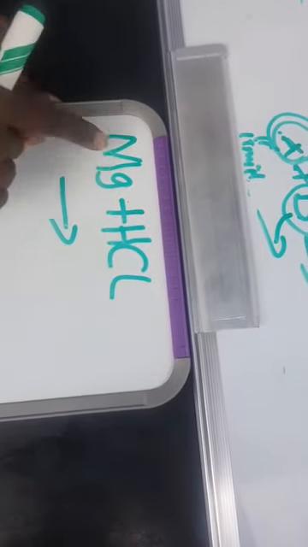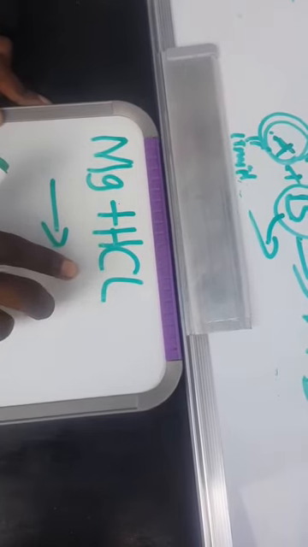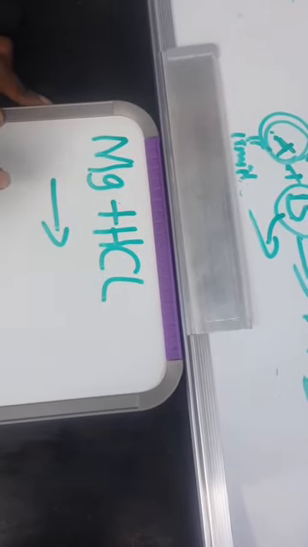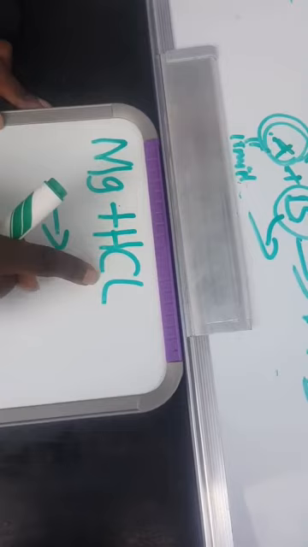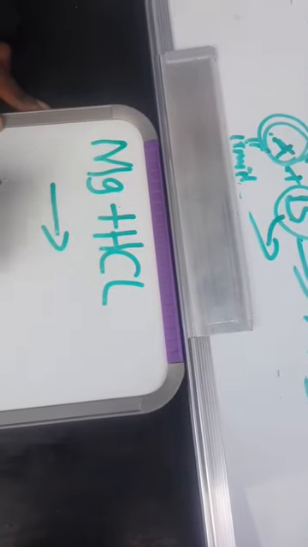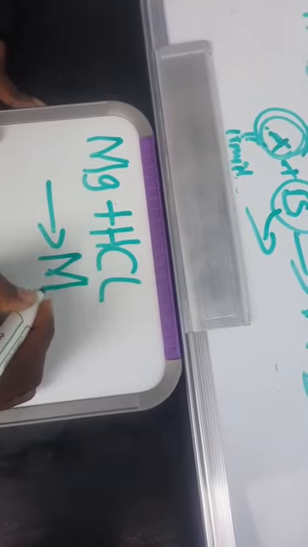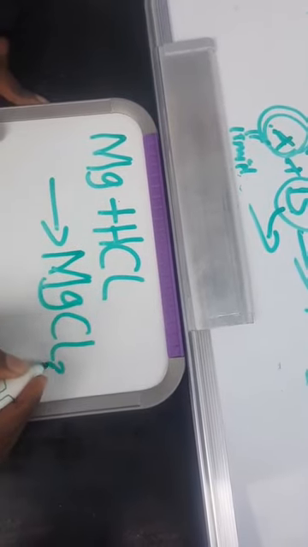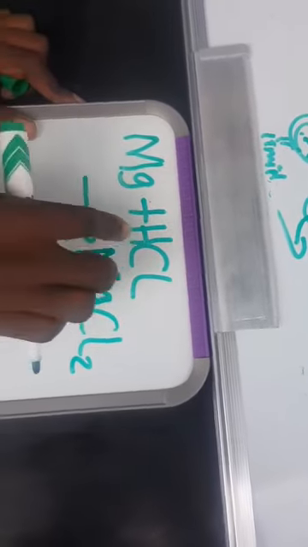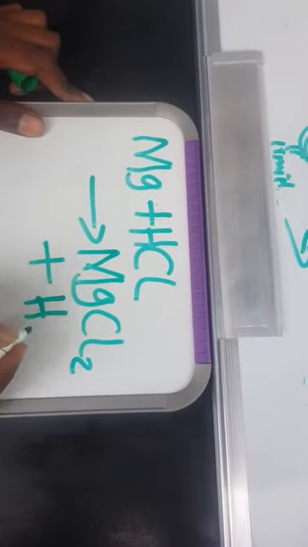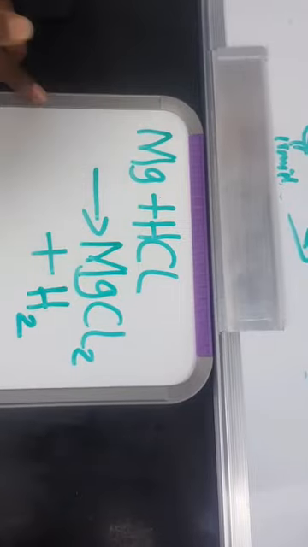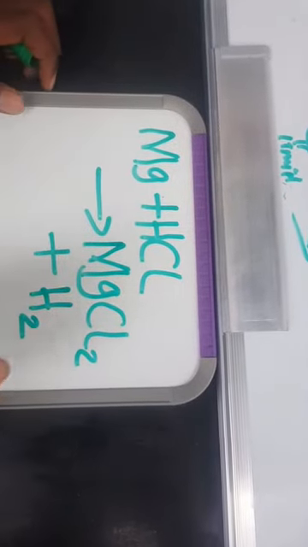When a metal reacts with an acid, it will form hydrogen gas and a salt. The salt will be magnesium chloride, just from the definition of a salt. So this is how we write magnesium chloride, then plus hydrogen gas. First of all, you need to balance this chemical equation.